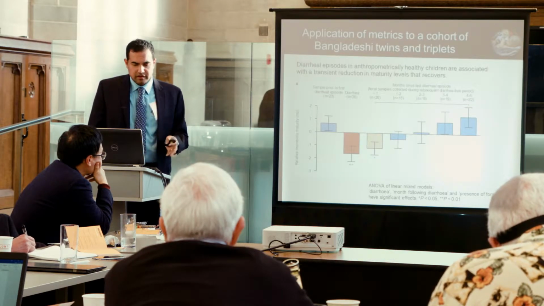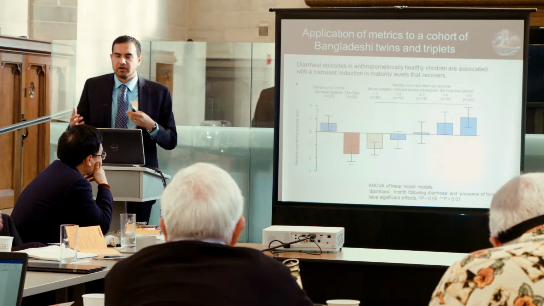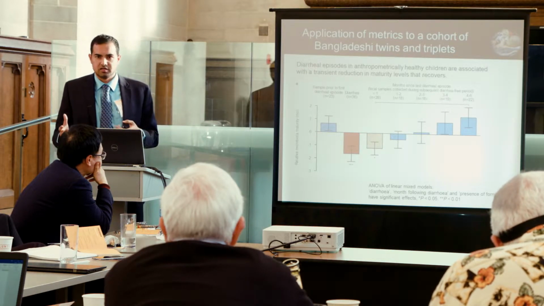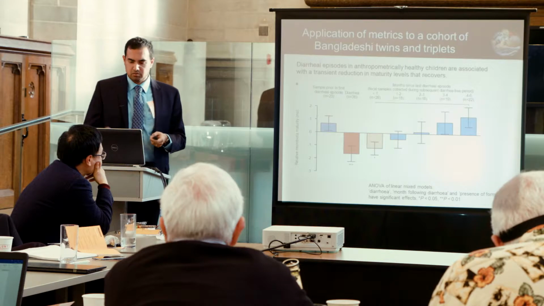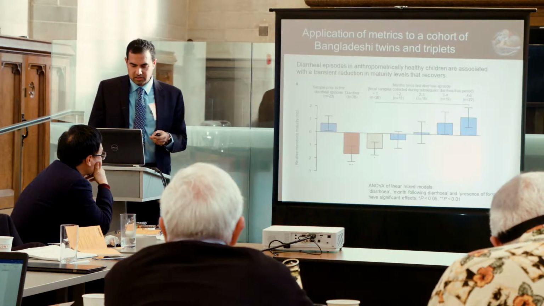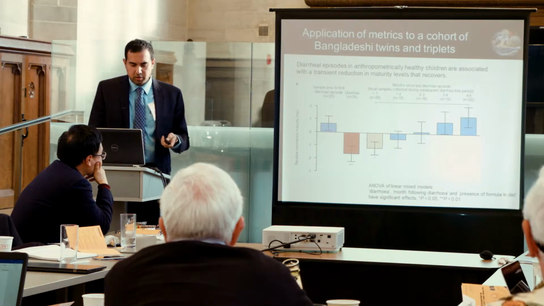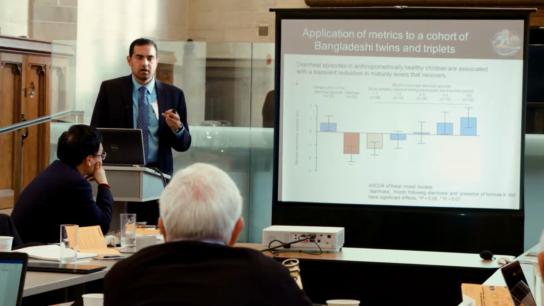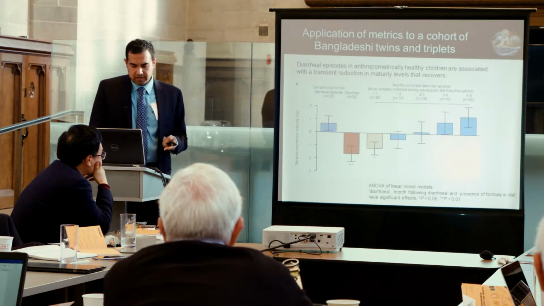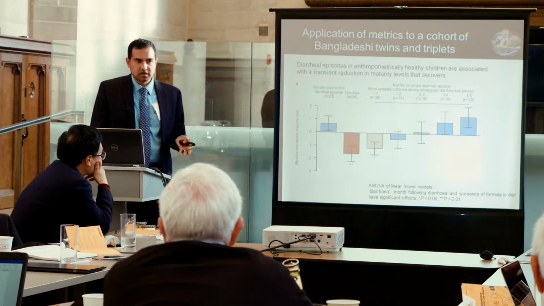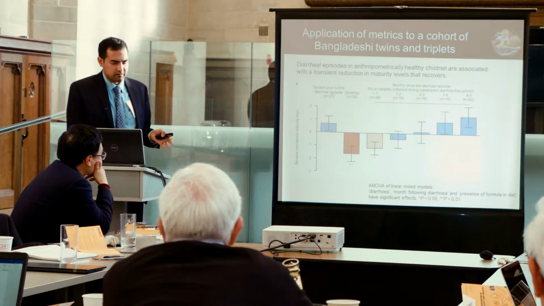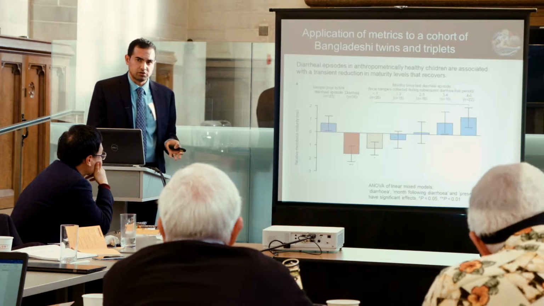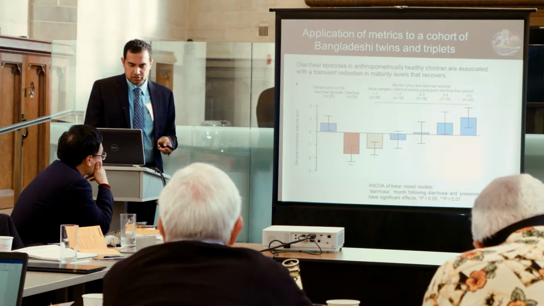So once we derived these measures, we wanted to ask, what are the environmental factors that affect these metrics? And Megan pointed out from more recent studies that in other populations, there's been extensive associations with feeding, birth status, and so on. We interrogated the same parameters here, but most of the children here were from vaginal deliveries.